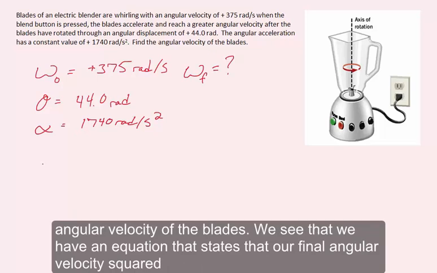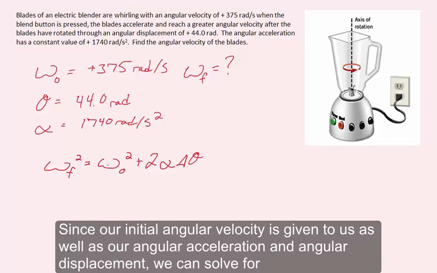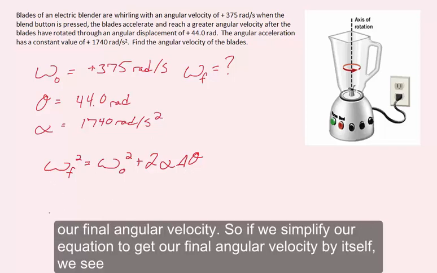We see that we have an equation that states that our final angular velocity squared is equal to our initial angular velocity squared plus 2 times our angular acceleration times our change in our angular displacement. Since our initial angular velocity is given to us, as well as our angular acceleration and angular displacement, we can solve for our final angular velocity.